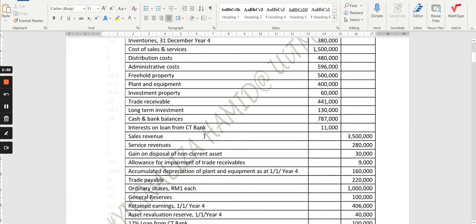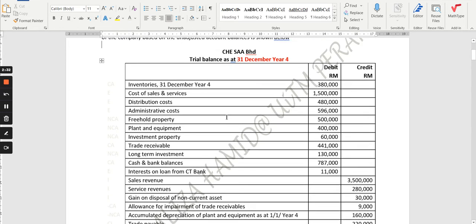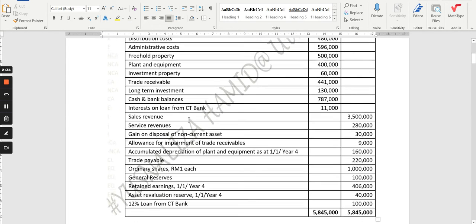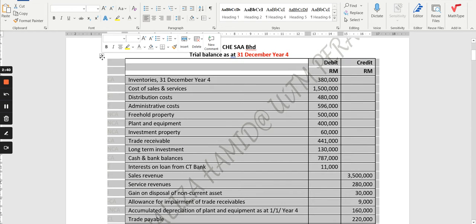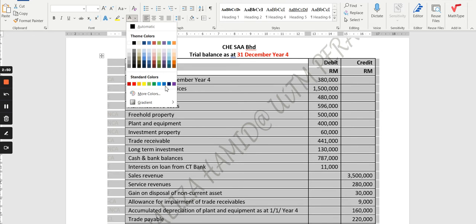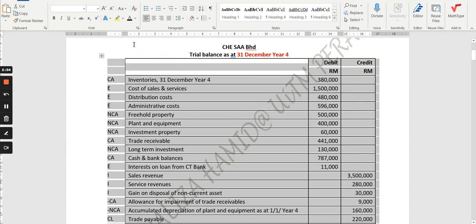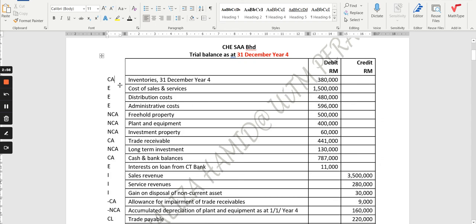So you have the trial balance, and whenever you have a trial balance, the first thing that you do, of course, you have read the question, we look at the requirement. First thing is that you need to go and segregate. So when you are asked to segregate, what you need to do is to classify the items in the trial balance according to types. So I've already done that.